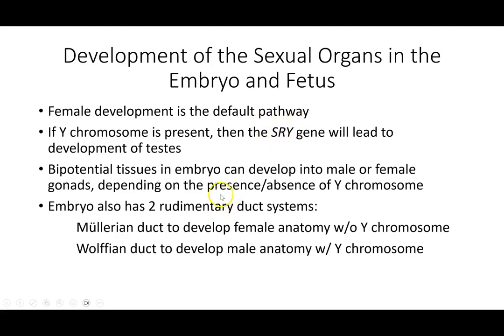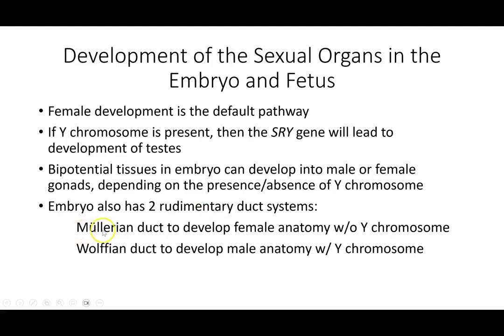So in an embryo, there are 2 very rudimentary duct systems. Those duct systems are either going to be the uterine tubes, uterus and vagina, or it's going to be the epididymis, vas deferens, and then into the accessory glands and urethra.